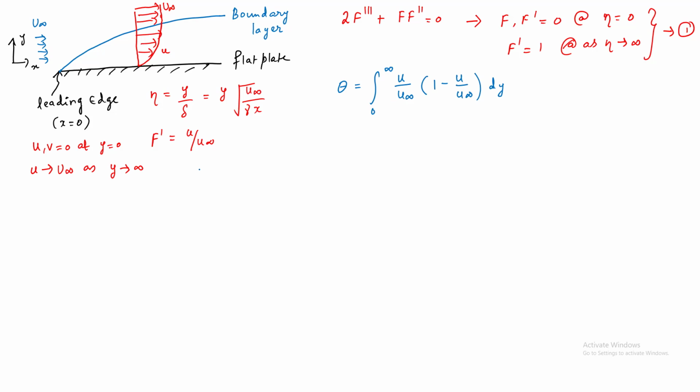Let's write f dash instead of u by u infinity, so we get the integral from 0 to infinity of f dash times 1 minus f dash. We have to convert this y into eta, so when we differentiate this we get the square root of nu x by u infinity times d eta. All this is constant, not a function of eta, so let's take all of this outside.